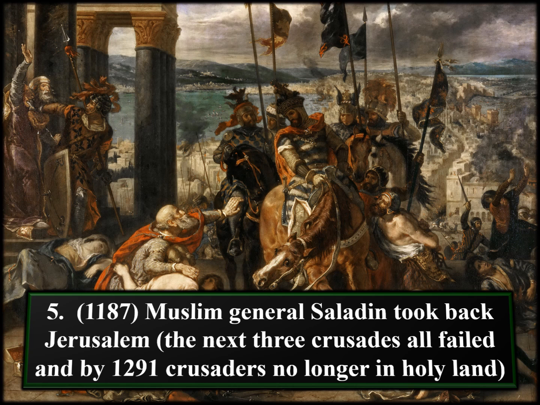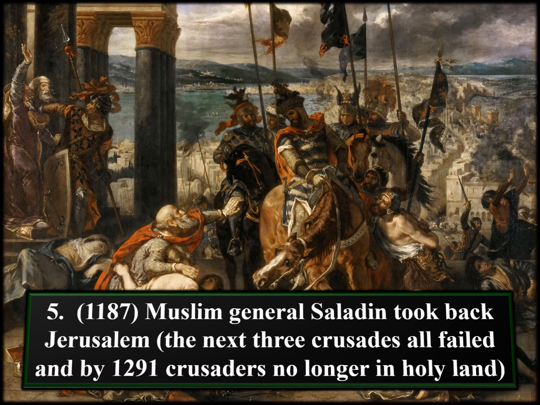In 1187, however, a Muslim general named Saladin will unify the Muslims in that area in order to retake control over the Holy Lands, to take back Jerusalem. And they will be successful in doing so.